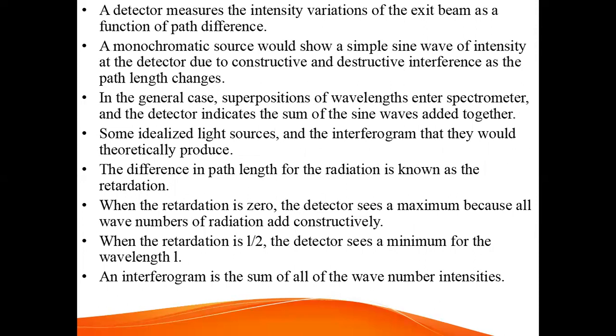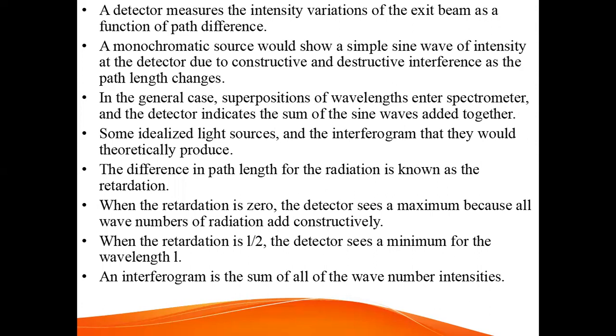A monochromatic source would show a simple sine wave of intensity at the detector due to constructive and destructive interference as the path length changes. In the general case, superpositions of wavelengths enter the spectrometer and the detector indicates the sum of the sine waves added together, some idealized light sources, and the interferogram that they would theoretically produce.